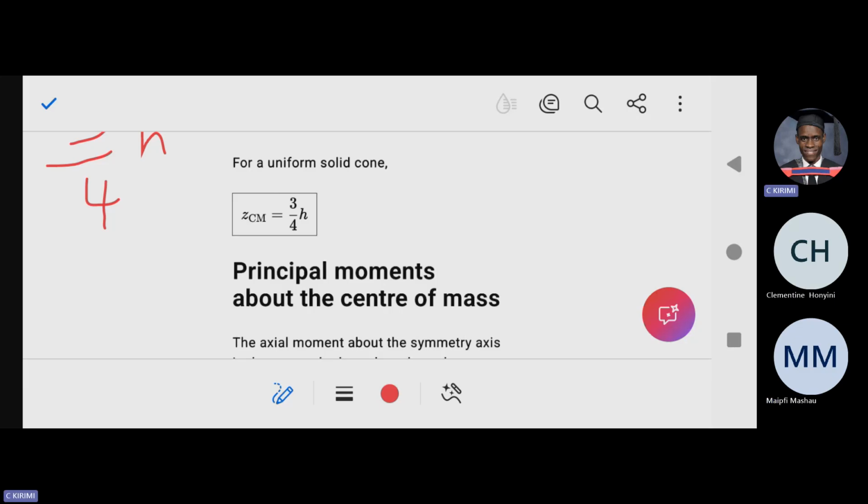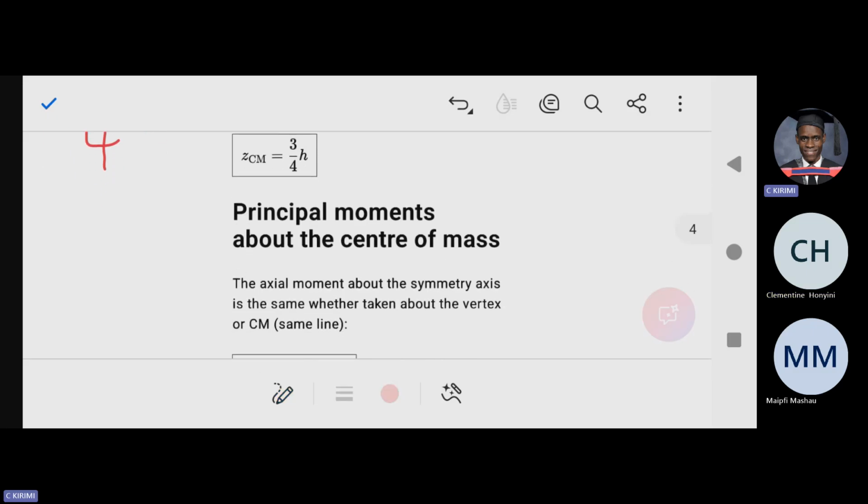So when it's having coordinates, the coordinate for the Z center of mass, the point where we can find the center of mass of the cone along the Z, will be 3/4 of the height of the cone. That is where the center of mass of a cone is positioned.